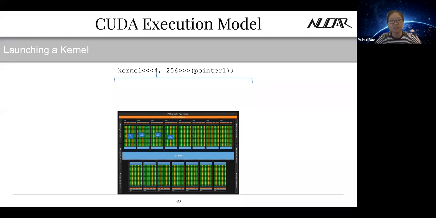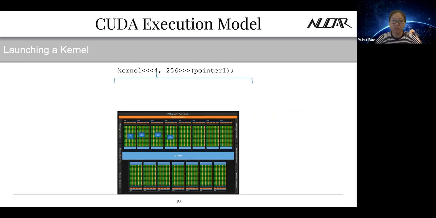On the other hand, if you have small blocks, you can launch those blocks to each streaming multiprocessor. Here I said if you have 15 blocks, each streaming multiprocessor will have one.